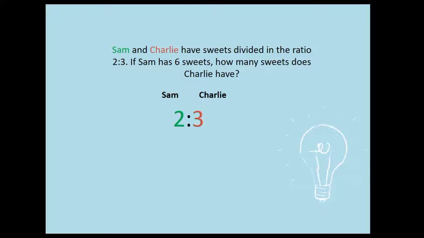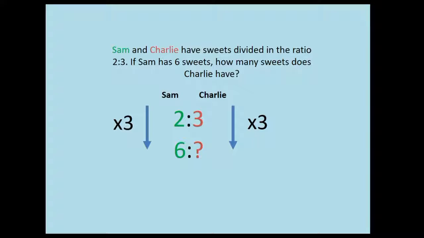Discuss out loud whether we'd write the 6 on the left-hand side or the right-hand side. We would write the 6 on the left-hand side because this concerns Sam. So we're going to ask ourselves, how do we get from 2 to 6?